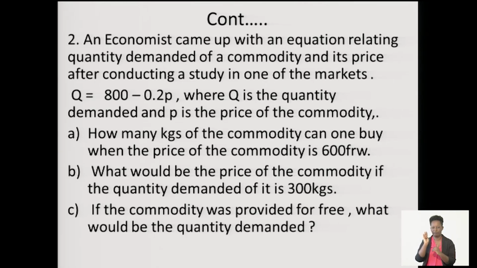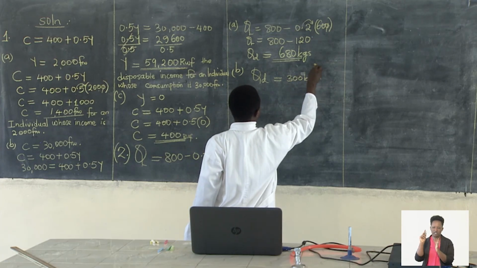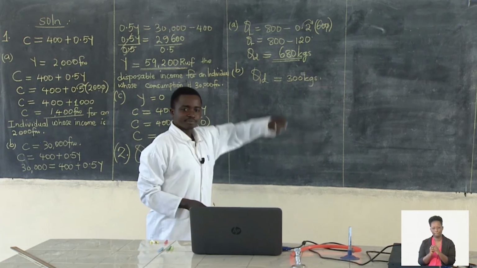Then part B: what would be the price of the commodity if the quantity demanded of it is 300 kilograms? In this case, we have been given the quantity demanded at 300 kilograms. So what would be the price level?